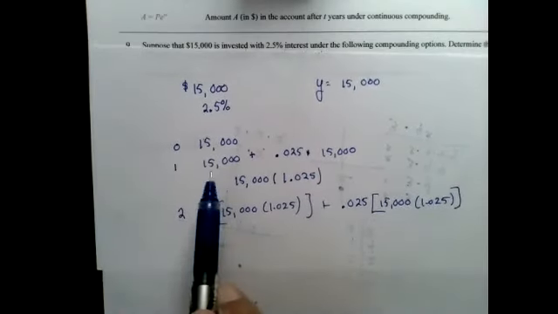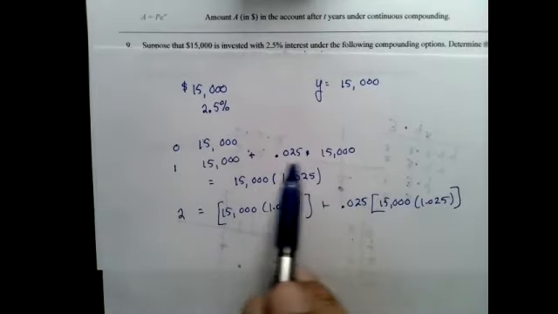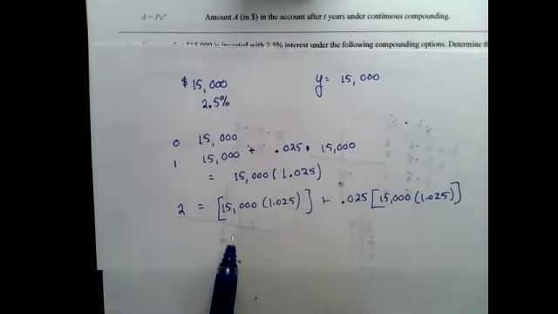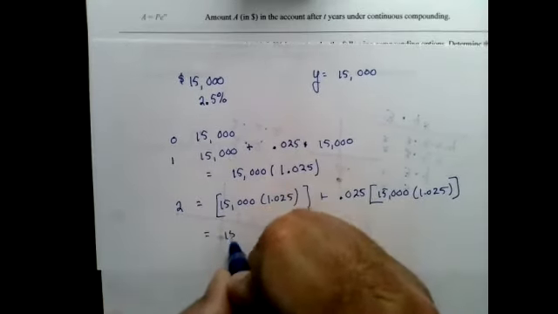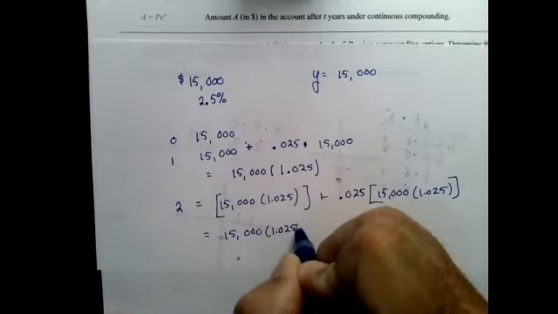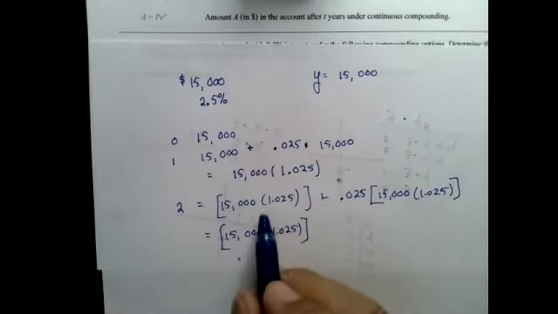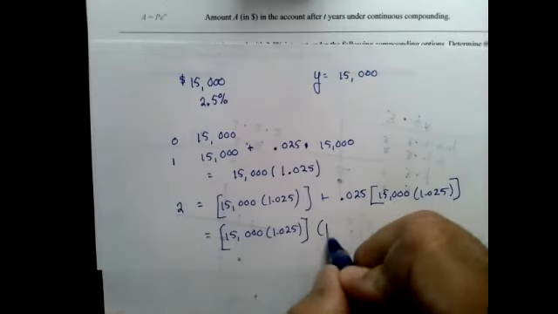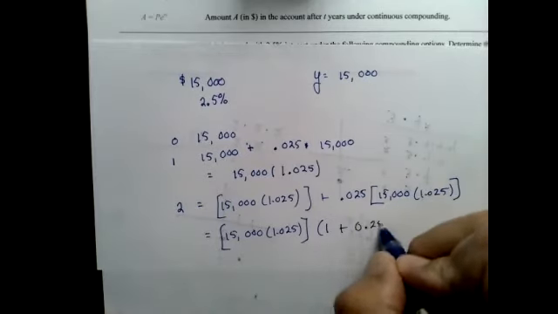So at the end of the first year, that's the nice clean one. Well, check it out. At the end of this year, I'm going to be able to pull out that 15,000 times 1.025. And what am I left with? If I pull it out of here, it's a 1. If I pull it out of here, it's a 0.025.